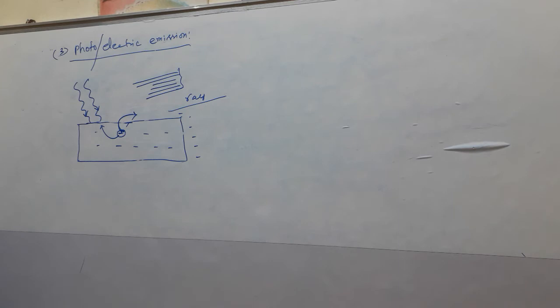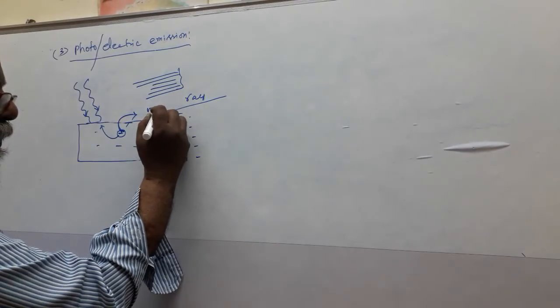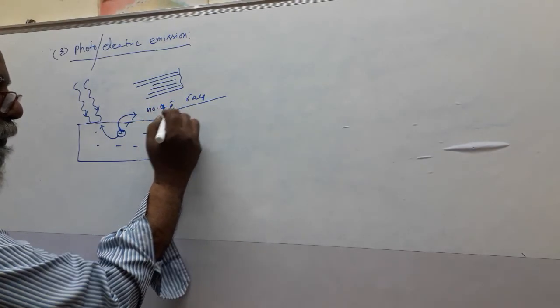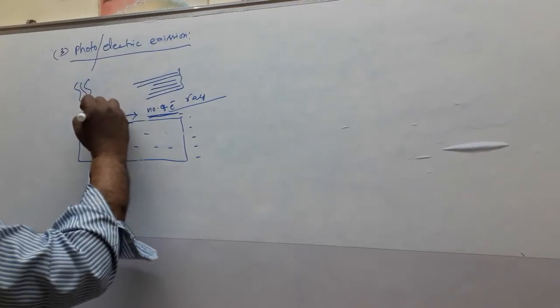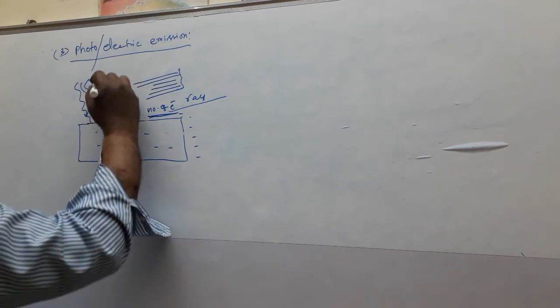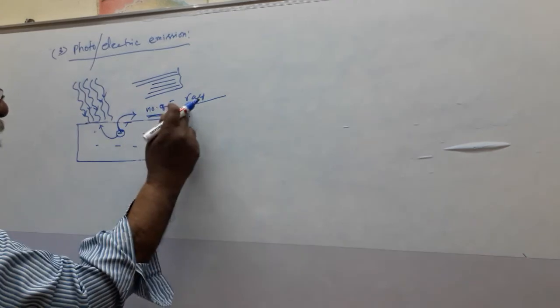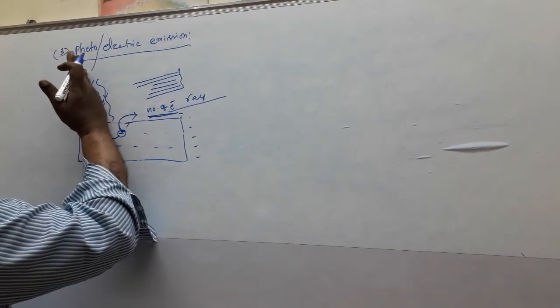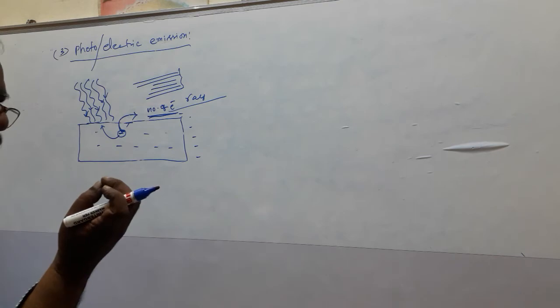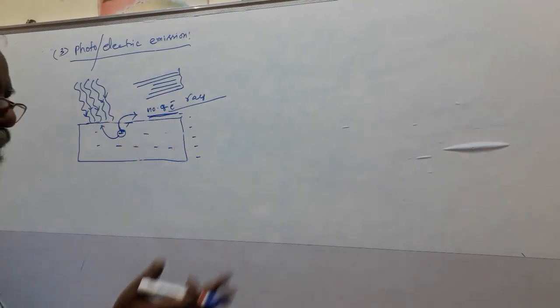Now, the number of electrons emitted in this process depends on the intensity of the incident radiation. If it is higher, with more rays, then there are more electrons. If you consider only two rays as a smaller intensity beam, then fewer electrons will be ejected.